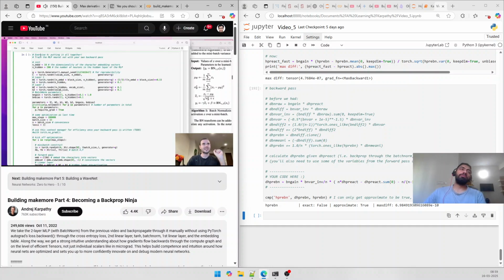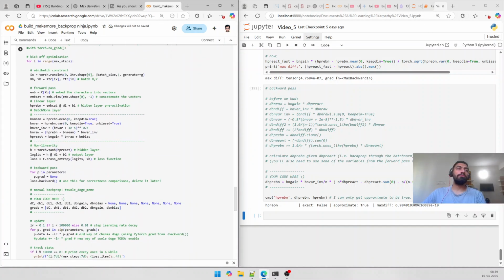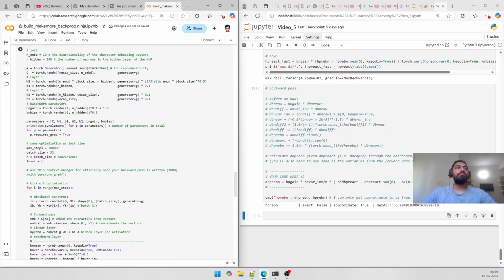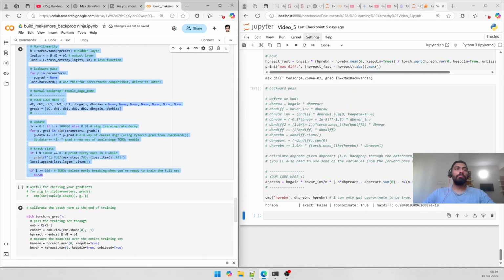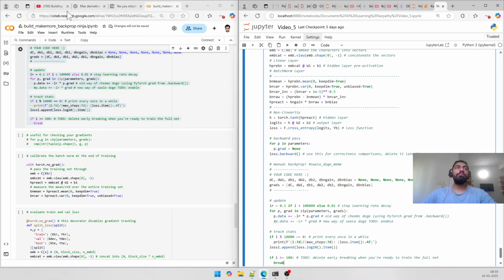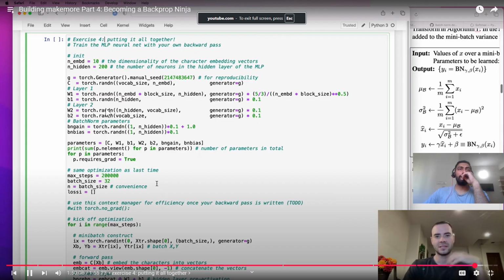Okay, and finally, exercise number 4 asks you to put it all together. And here we have a redefinition of the entire problem.